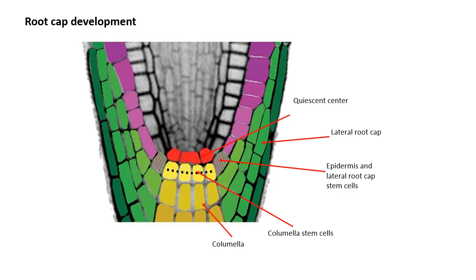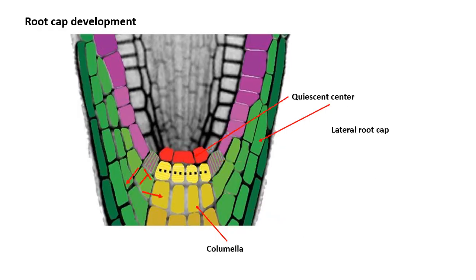The lateral root cap originates from initials that are located laterally to the columella stem cells and extends upward to the end of the RAM. These cells divide to form the epidermal cells and lateral root cap cells.